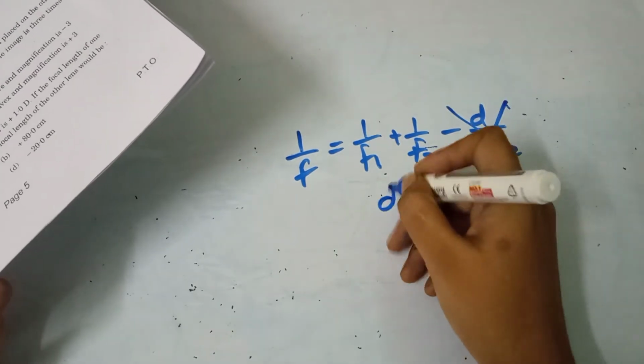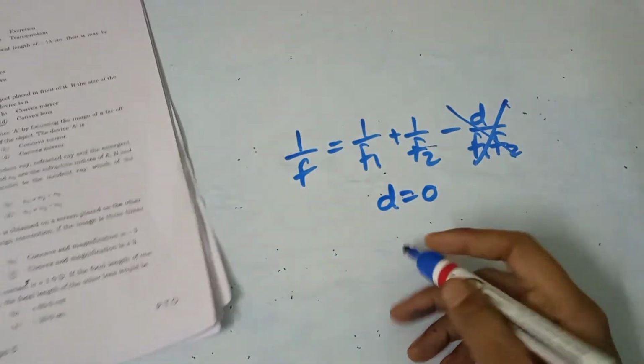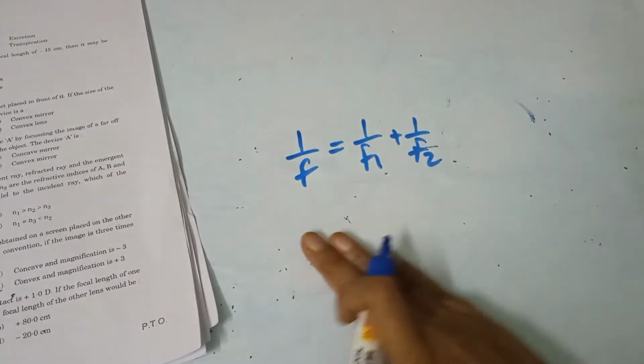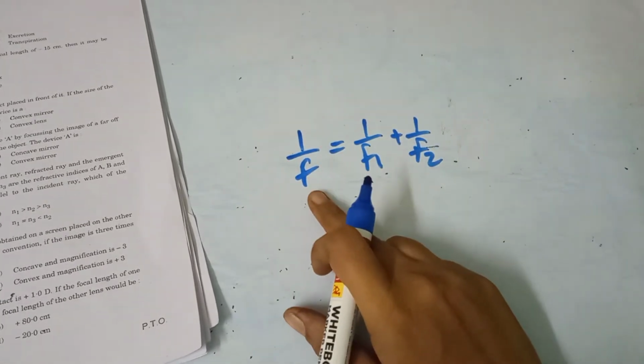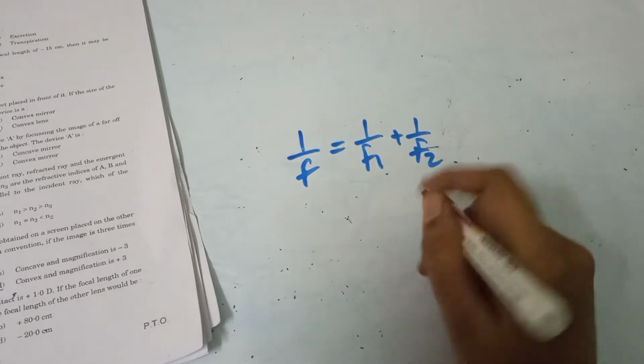Here D is equal to 0 because both are in contact, so we remove this term. Then 1 by F is equal to 1 by F1 plus 1 by F2.